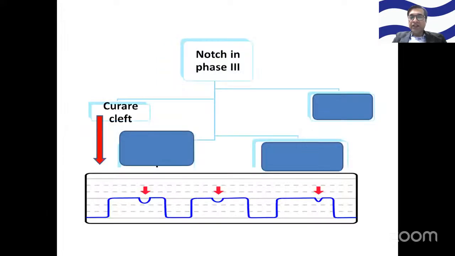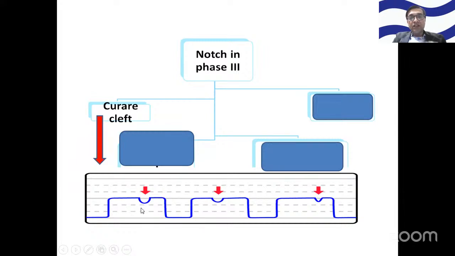So first we will take curare cleft, which is the commonest scenario, where the patient is coming out of muscle relaxation and some amount of notch is happening in phase 3. The typical characteristic of the curare cleft is that it will never come at a single point, right? So let's say there is a notch in phase 3. Here it is coming just after the middle part, this is coming in the middle part, and this is coming very late.